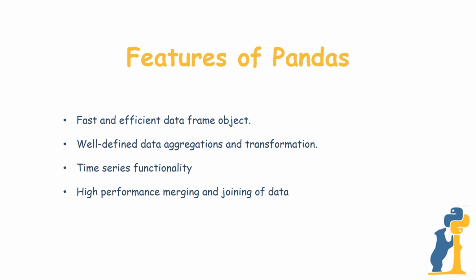Features of the pandas module: it supports time series functionality. It provides high performance merging and joining of data. It supports data aggregation and transformation functionalities, a fast and efficient data frame object, as well as several methods to pre-process and analyze data from CSV and Excel files and so on.